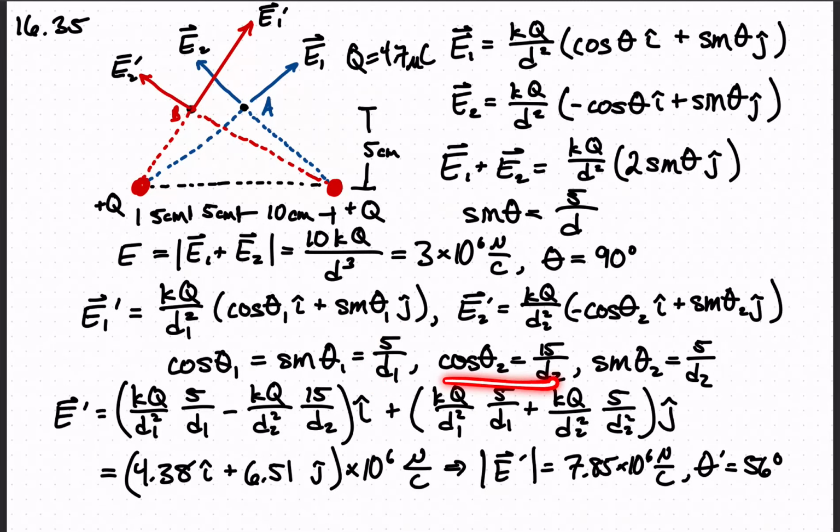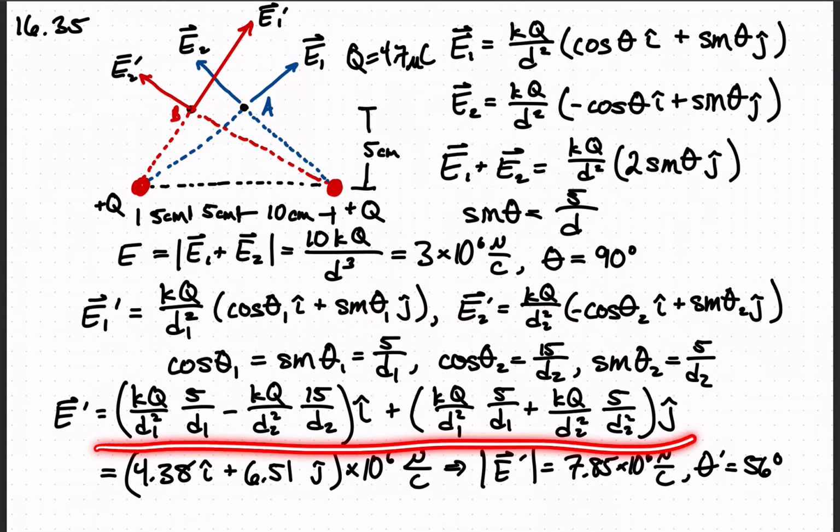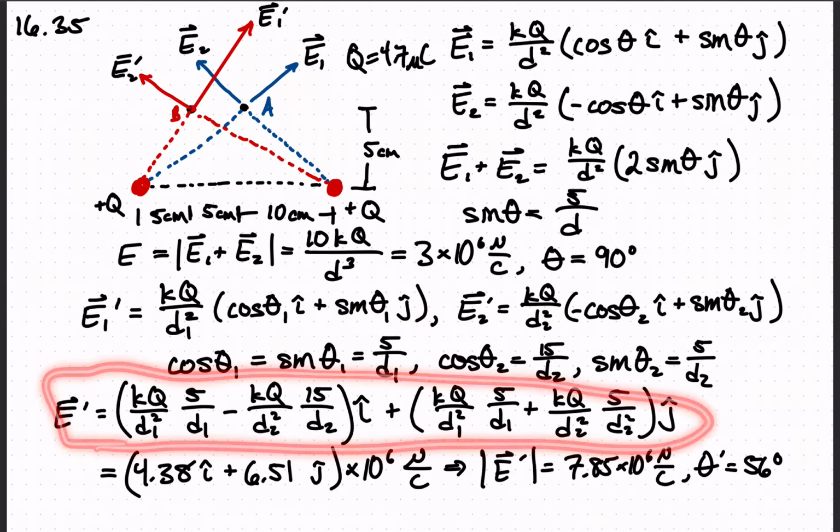Cosine of theta 2 is this distance here, which is 15 centimeters, divided by the distance between the particle and the point. And sine of theta 2 is this distance here, divided by that distance. So we can plug all this in here, and then add these up, and this is what we get as the resultant vector.